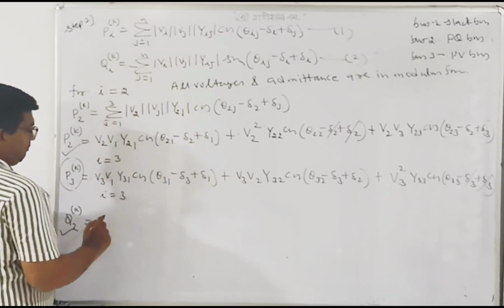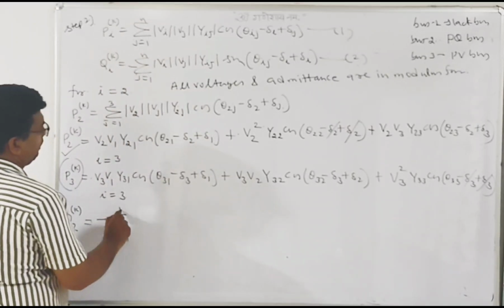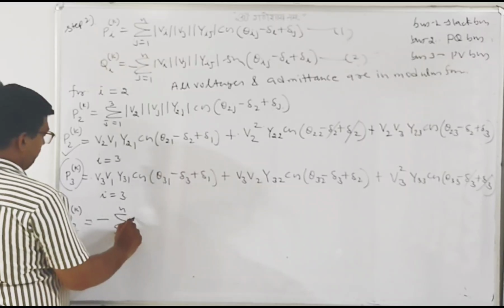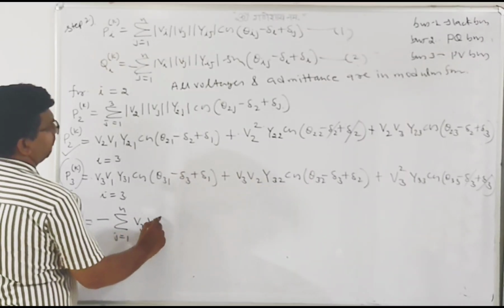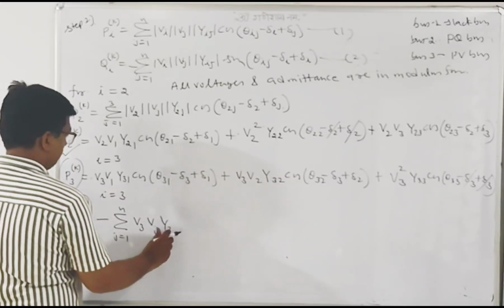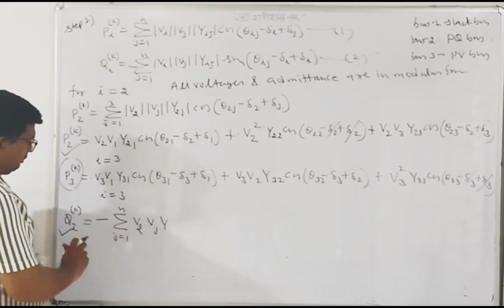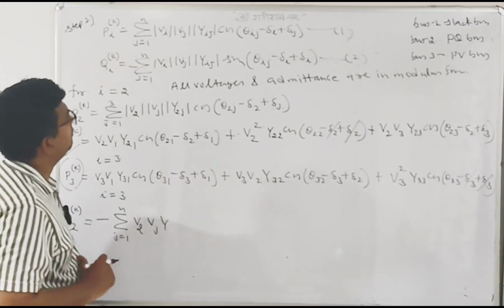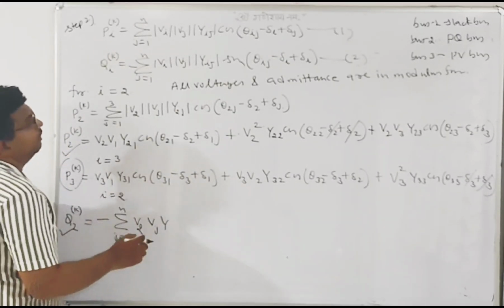So what does this become? Minus sum over j varying from 1 to n. Sorry, this is 2, because we are determining for the load bus, so i is 2 and not 3; those are given data.